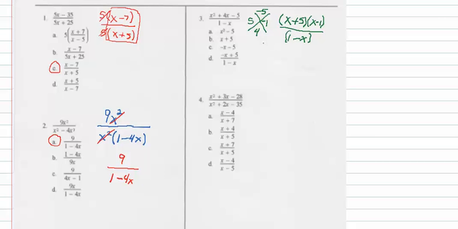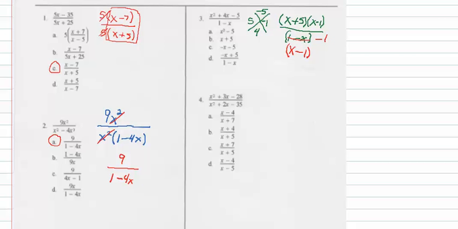Okay, now it looks like I can cancel, but not quite. This is a positive 1, that's a negative 1. This is a positive x, that's a negative x. I have opposites. So I'm going to make sure that I multiply this by a negative 1, because when I multiply negative 1 times a positive 1, I get a negative 1. Negative 1 times a negative x is a positive x. Now, I'm not using this anymore.